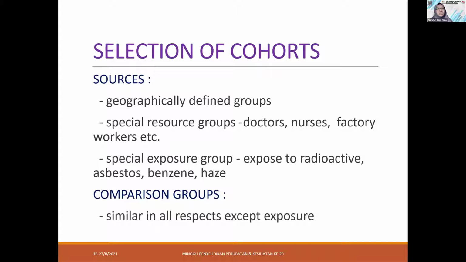Or special resource groups, for example, doctors or nurses, factory workers, or the general population, etc. There's also a special exposure group, for example, a population exposed to radioactive material, or certain chemicals like asbestos and benzene, etc. Then we have a comparison group similar in all respects except the exposure, so the population that's not exposed, with no risk factors.